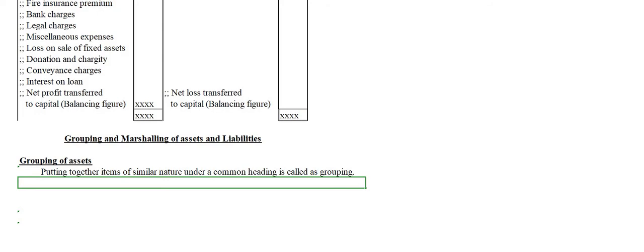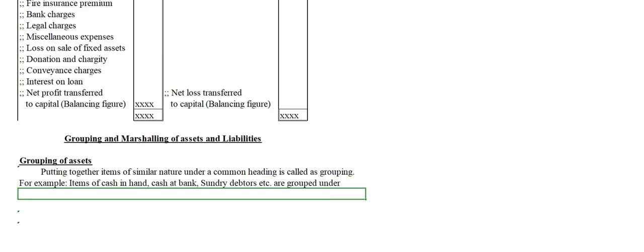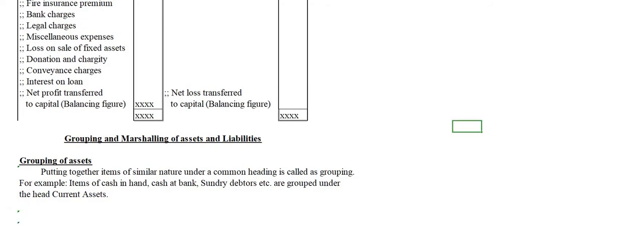Here is an example. Items like cash in hand, cash at bank, sundry debtors, bills receivable, etc. are called current assets. So these items can be shown in the balance sheet under the head current assets.